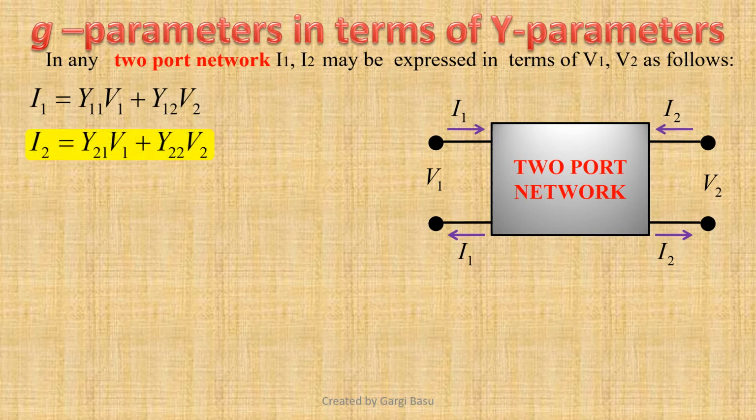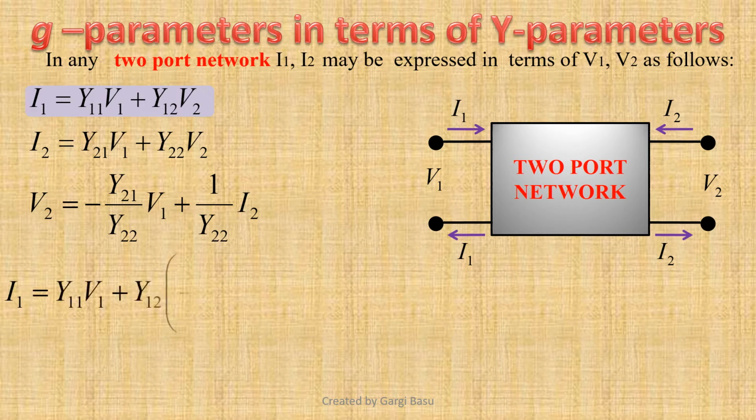By rearranging equation number 2 we get V2 equals minus Y21 by Y22 times V1 plus 1 upon Y22 times I2. By using this expression in equation number 1, we get I1 equals Y11 V1 plus Y12 times, minus Y21 by Y22 V1 plus 1 upon Y22 I2.